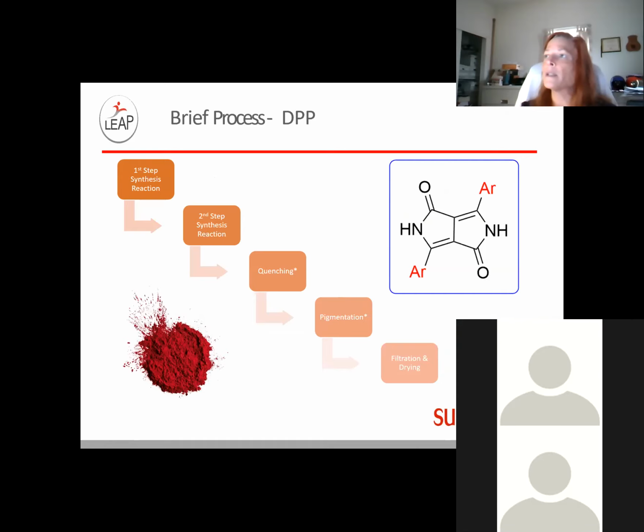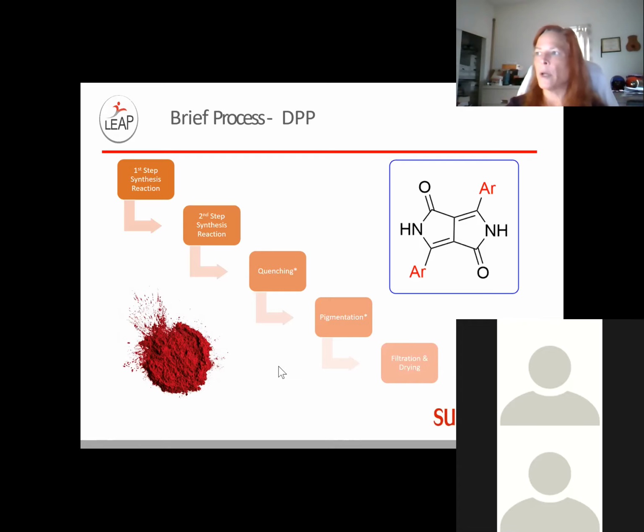Just a brief process review on the DPP chemistry process. In this particular case, there are two main synthesis steps in the reaction process that are key to the DPP chemistry.